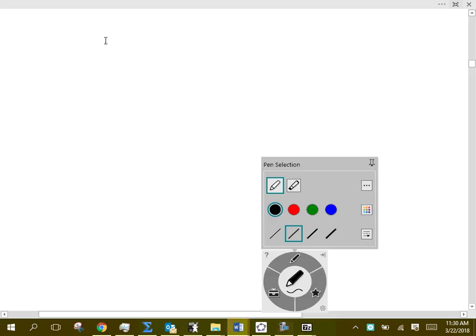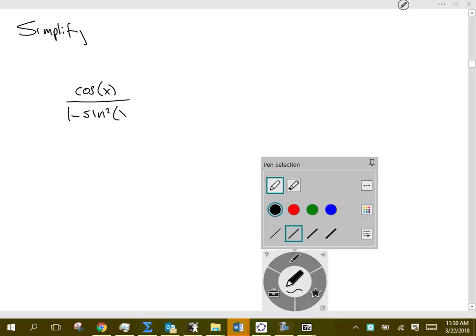All right, so let's simplify cosine of x over 1 minus sine squared x. And we're going to be able to get this down to one expression, one trig ratio.